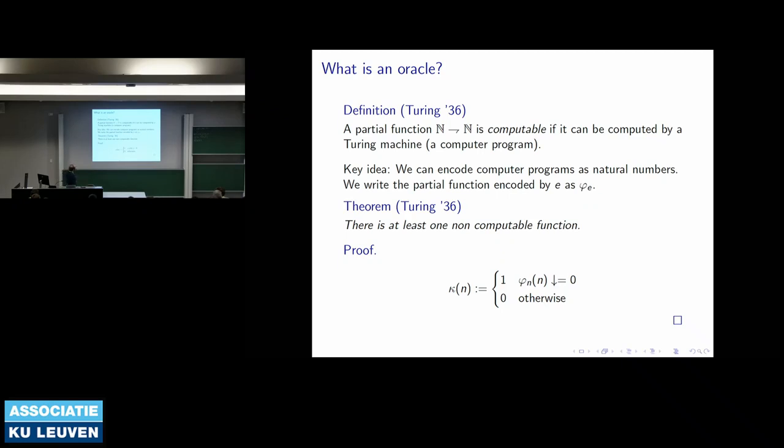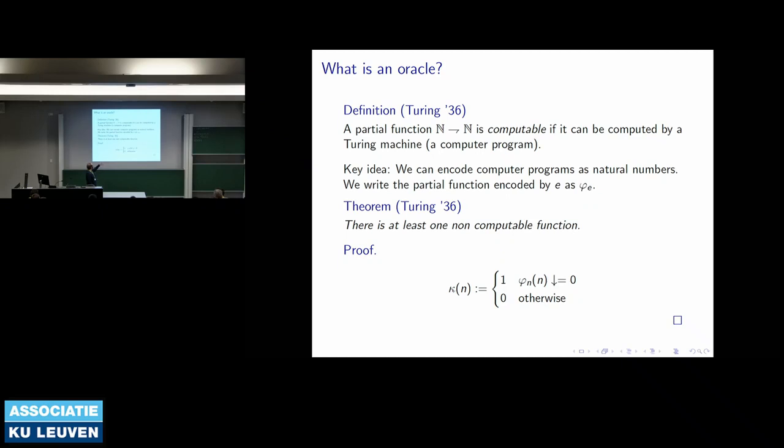One of the things that Turing showed in this first work was that there's at least one function which is not computable. This is the halting problem. Throughout, when I write the down arrow here, it means that the partial function is actually defined.